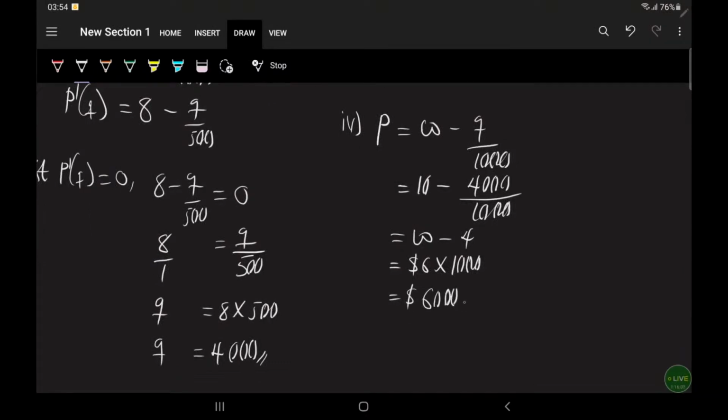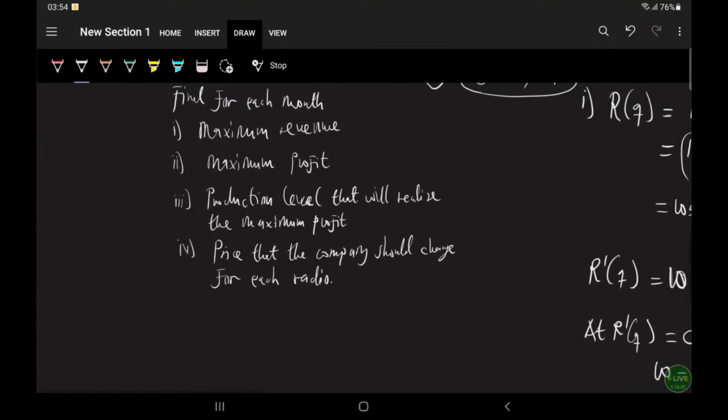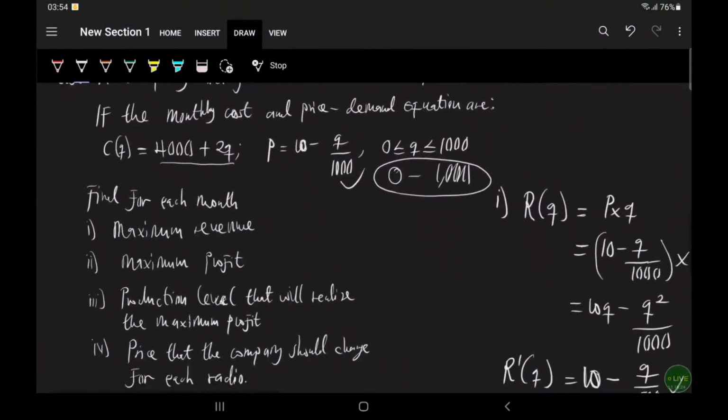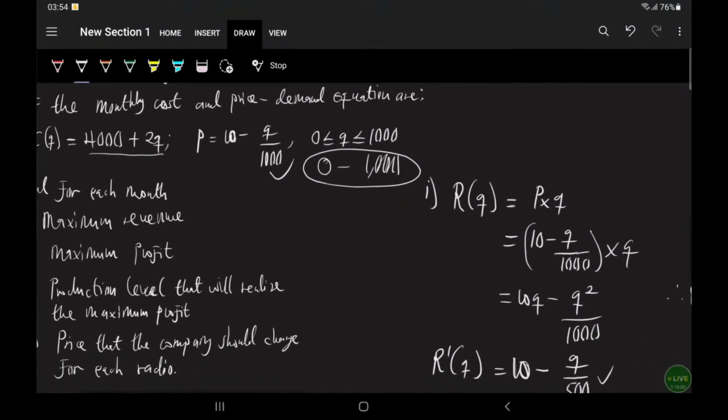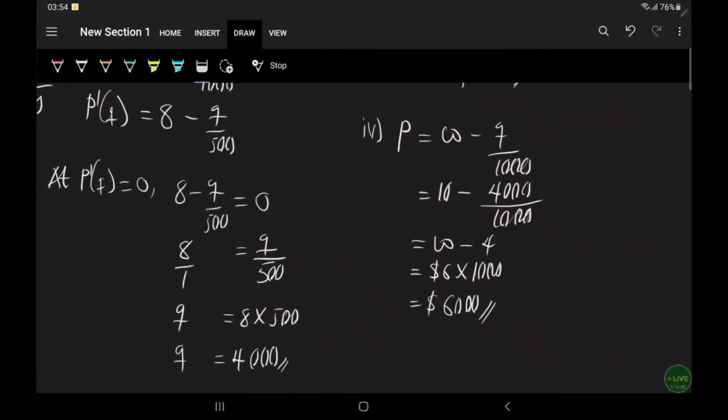So the price that they should charge for each radio should be $6,000. Oh, sorry, we weren't operating in thousands of dollars. There wasn't any operation of that, so don't multiply by anything. Sorry, I thought we were operating in thousands of dollars, so let's clear that off here.